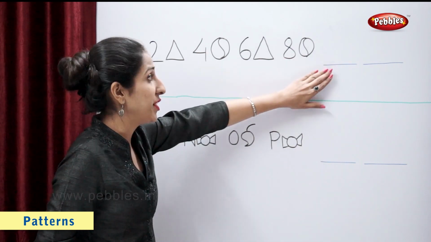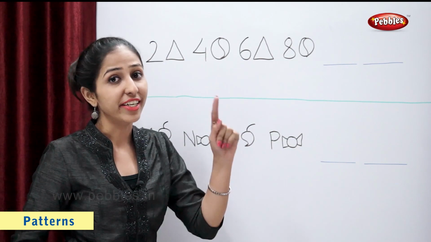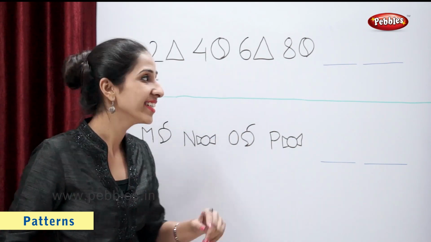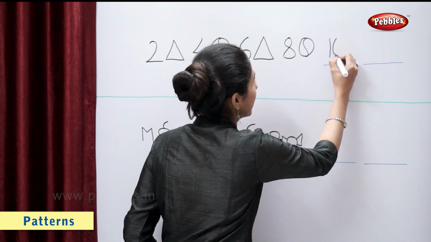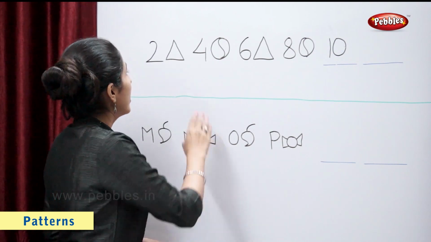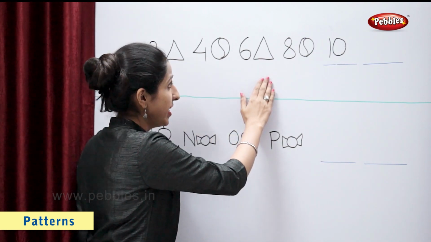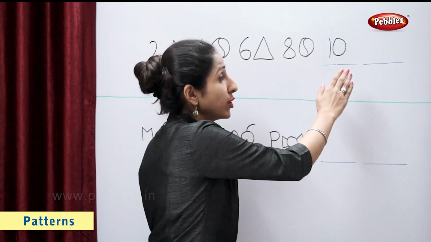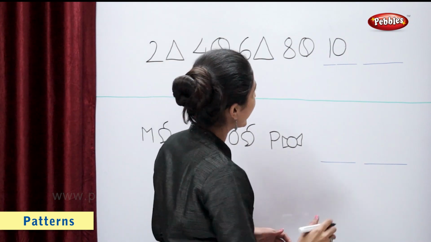So, the next number is 8 plus 2, that is 9 and 10. Number 10. The shapes are triangle, ball, triangle, ball. So the next shape is? Correct, a triangle.